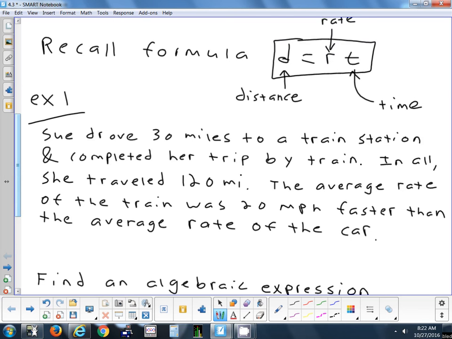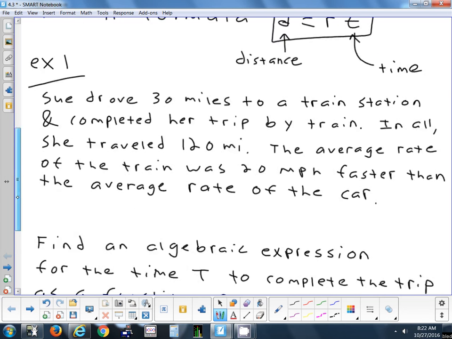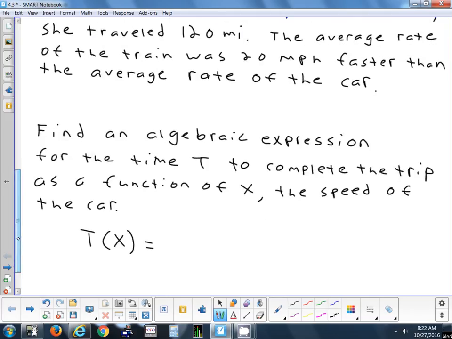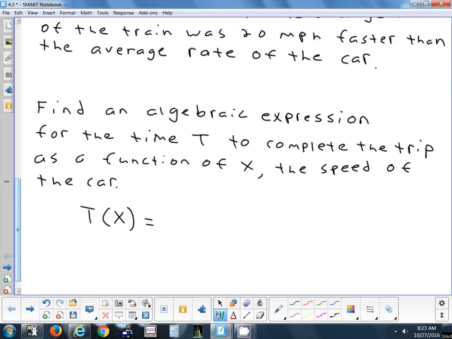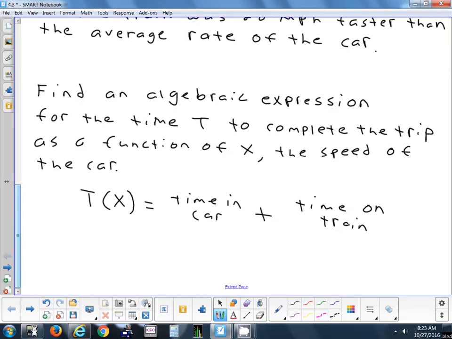So there's 2 different modes of transportation. And if we want to find the total time it takes, what would we have to do with the time it takes for her to drive and the time she's on the train? We'd have to add them. So we need time in car plus time on train. Okay, so we have to figure out both of those.